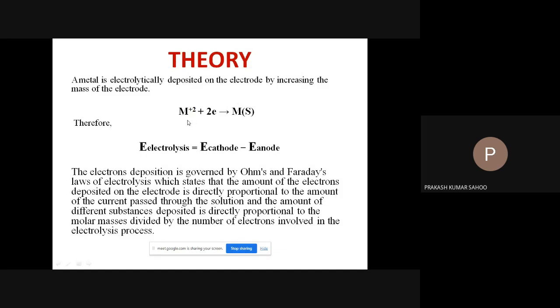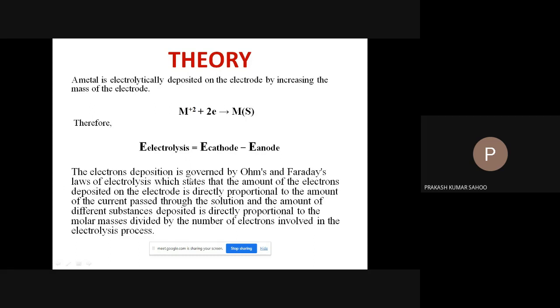So here M2+ ion gains 2 electrons to give metal solid. So therefore the electrolysis, this is the coulometry. So in the EMF, the electrolysis EMF equals EMF of cathode and EMF of your anode. EMF equals your electrode potential, the reduction potential.